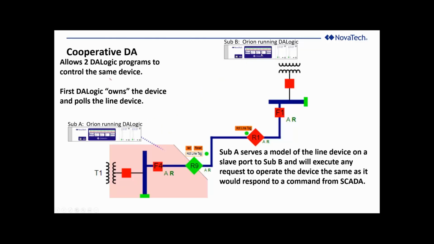We could map a control at substation B to feed that over to substation A and pass it through to recloser 9 when substation B needed to operate it. So by setting up this cooperative DA system, both systems could operate recloser 9 as if it belonged to them, and both systems would be kept in sync with each other.